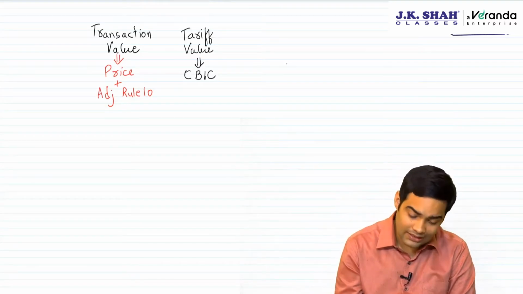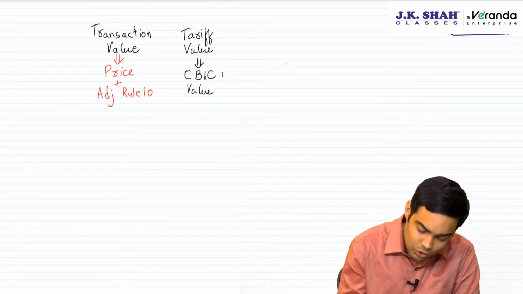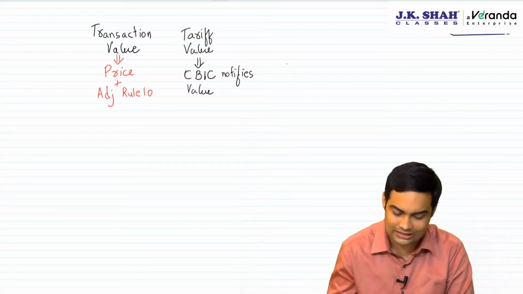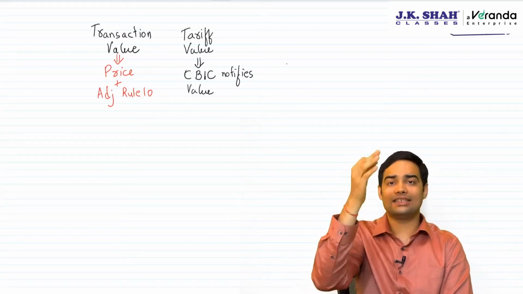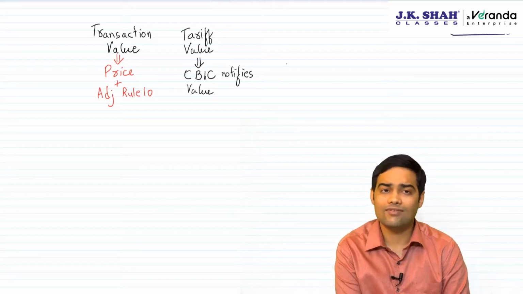Now, the moment CBIC decides this value, you will have to adopt this value which is notified by CBIC. You cannot go by transaction value if CBIC has notified a value for a particular product.